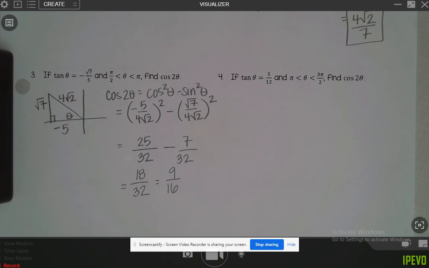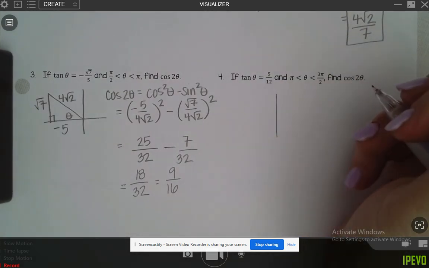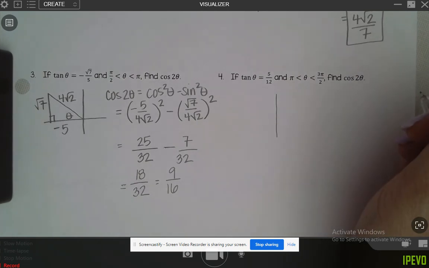Do number 4, please. I really don't know how to know which quadrant I get. I was struggling with that too. Because pi is 180 degrees. Because pi is halfway, and then no, the third.